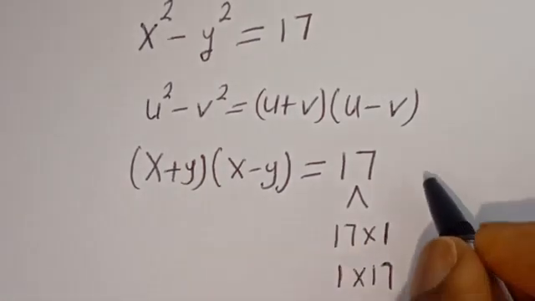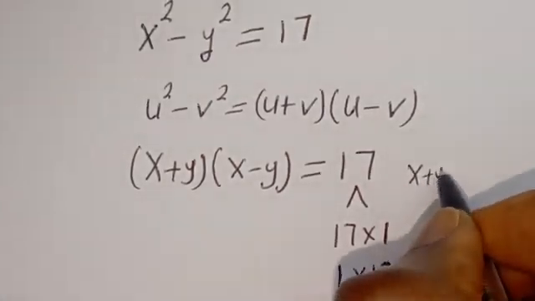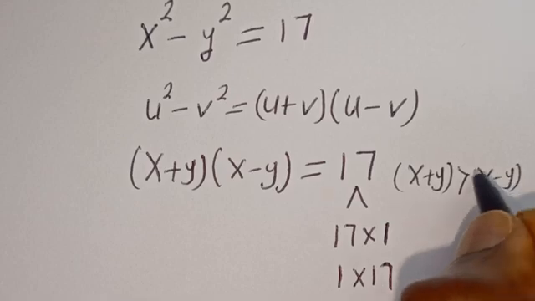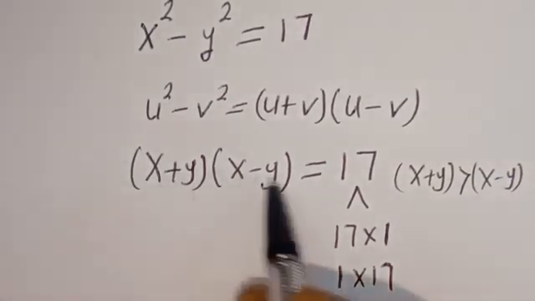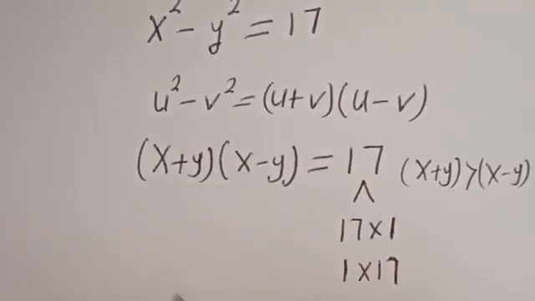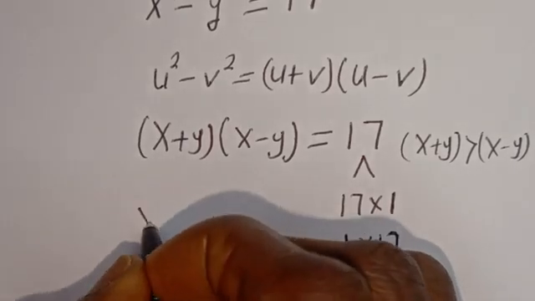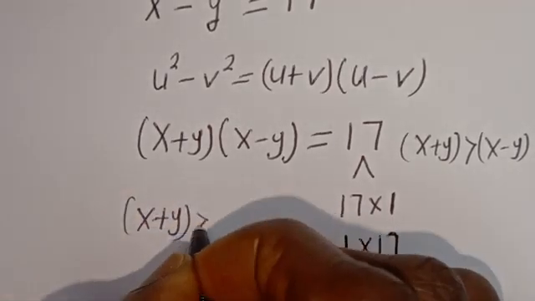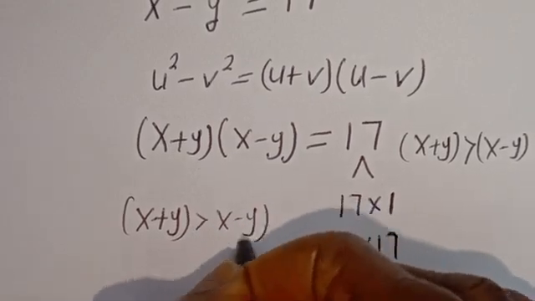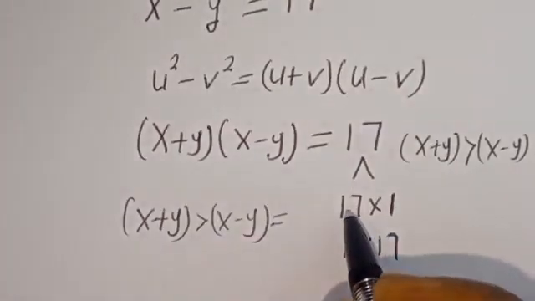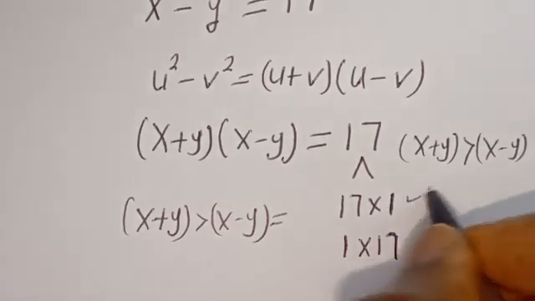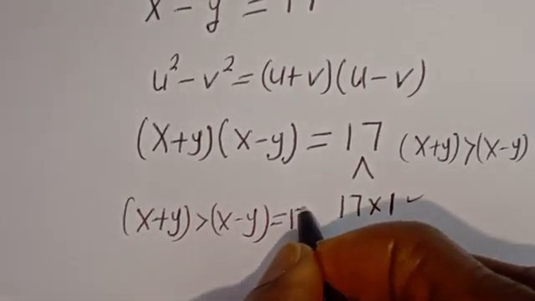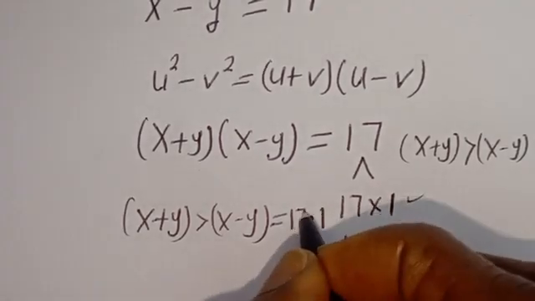But x plus y is greater than x minus y, and 1 is less than 17, so the second option is rejected. We have 17 multiplied by 1.